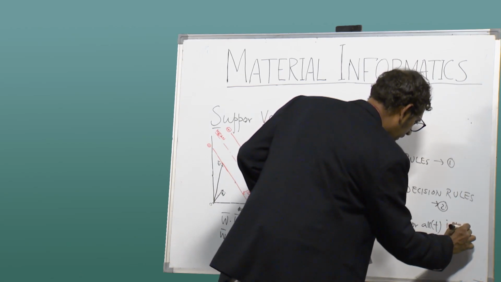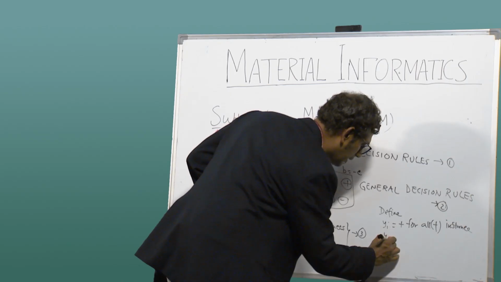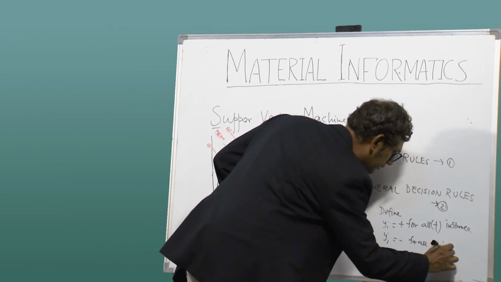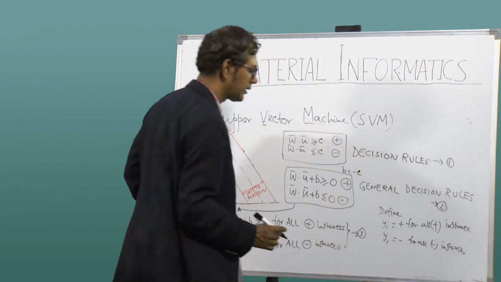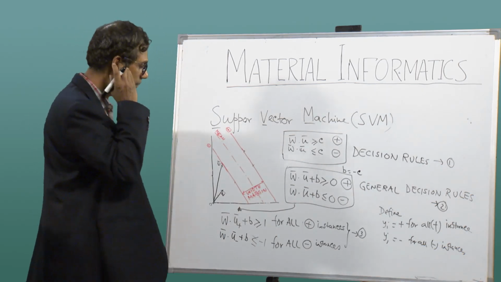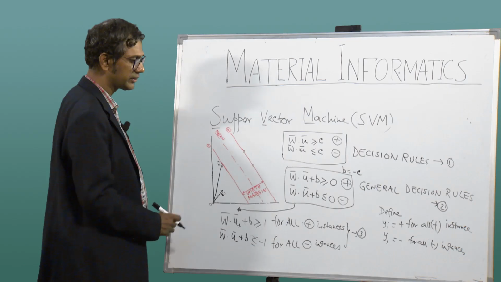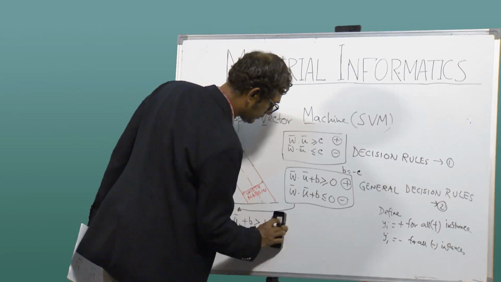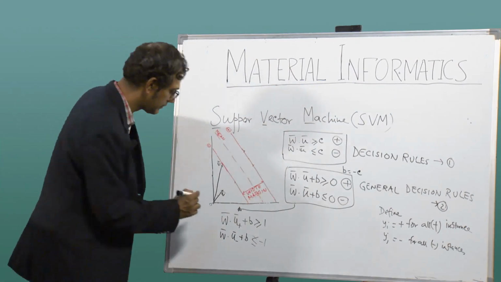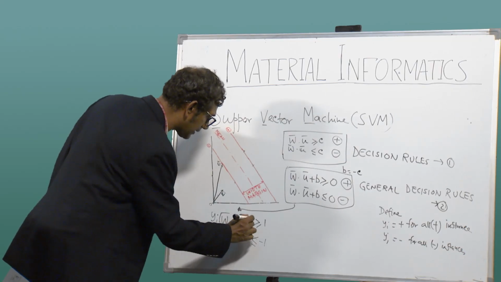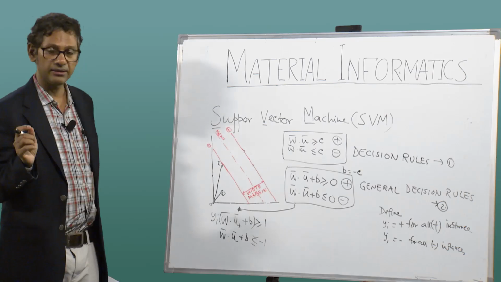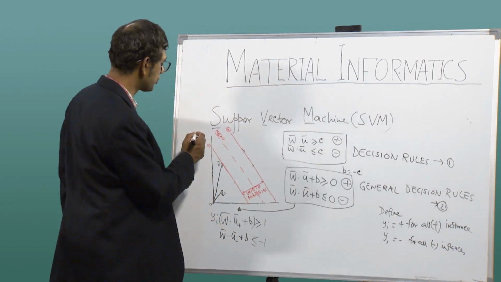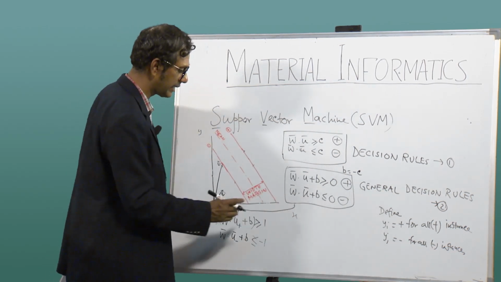This is a mathematical process, do not worry about it, and yi is negative for all negative instances. Am I clear? Now if I multiply this yi with these two equations, what shall I get? Let us do that. Remember yi is a separate variable I declared. I define this yi. So, this is mostly y and this is x. Here it is u.